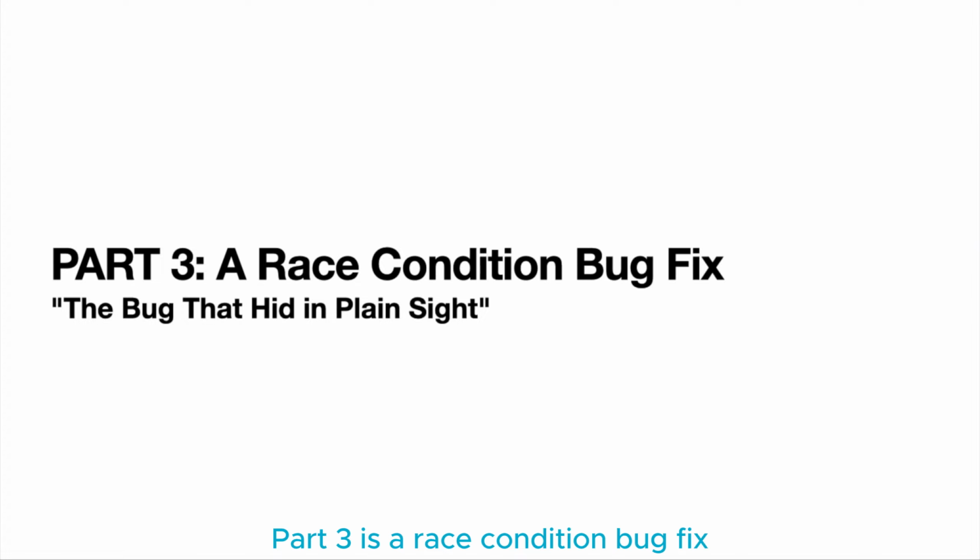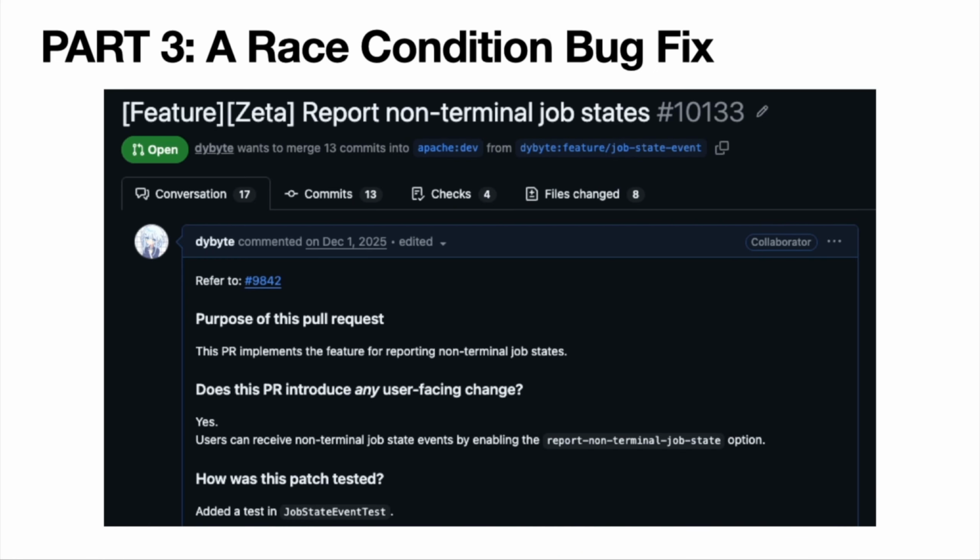Part 3 is a race condition bug fix. This story starts with another feature I was building, PR number 10133, report non-terminal job state. The original behavior was SeaTunnel only reported terminal job states: finished, failed, cancelled.